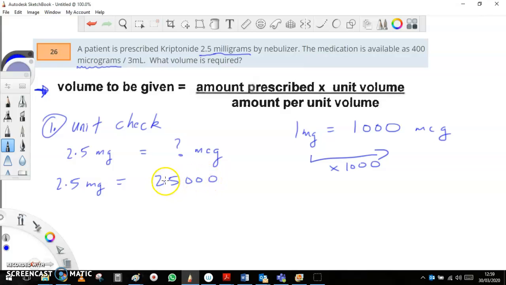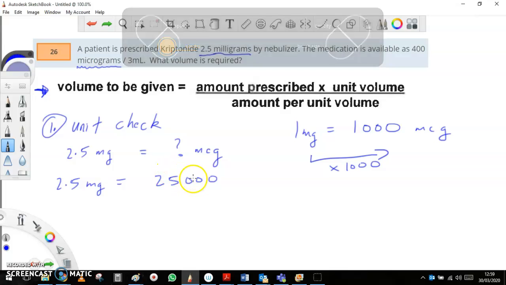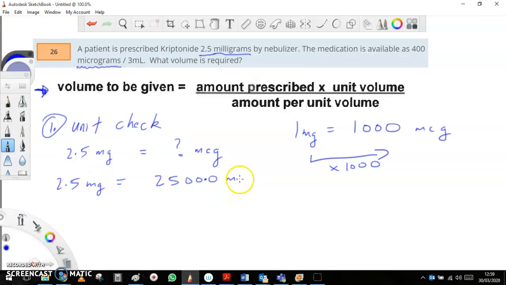The decimal point starts here, and it goes 1, 2, 3. So we have 2,500 micrograms. And this is our amount prescribed, the prescribed amount in the same units as the amount per unit volume.